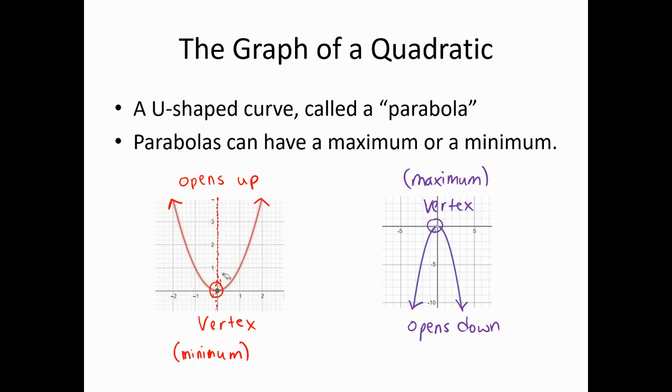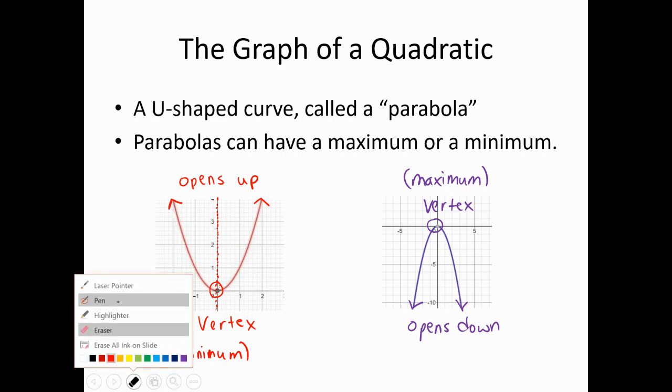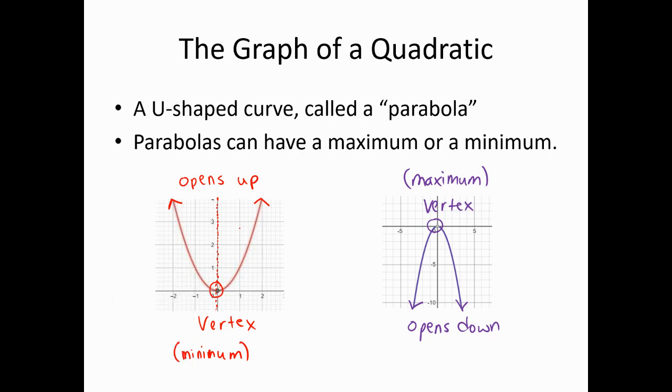So it gives us a mirror image. Everything on the right side of that line has to match everything on the left side. That is the axis of symmetry. It means it's symmetrical on both sides.